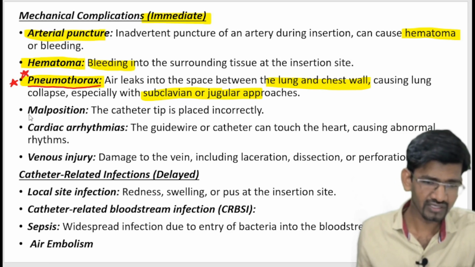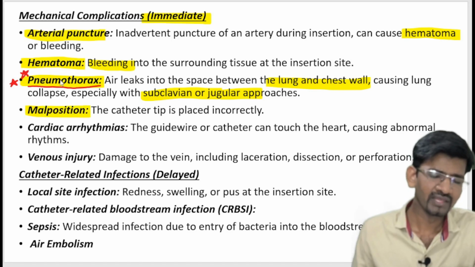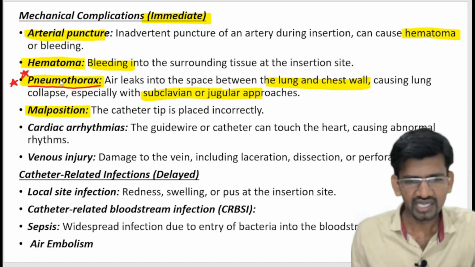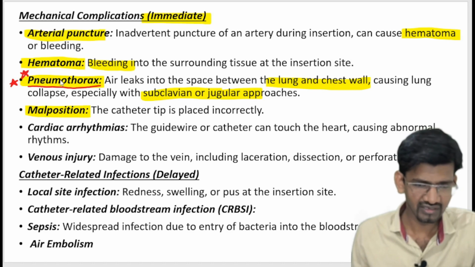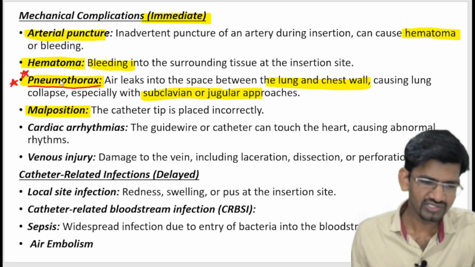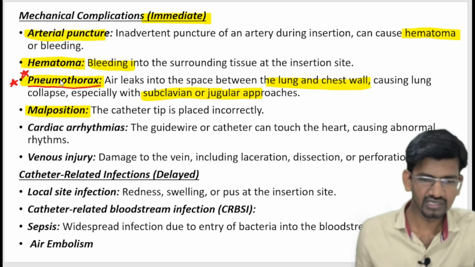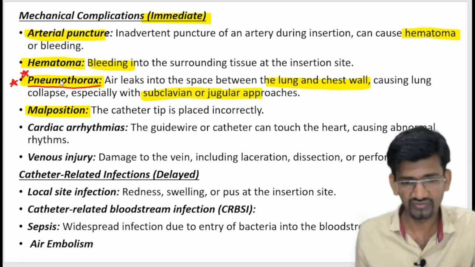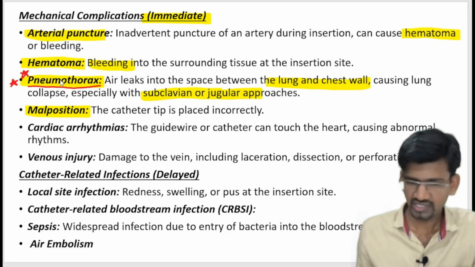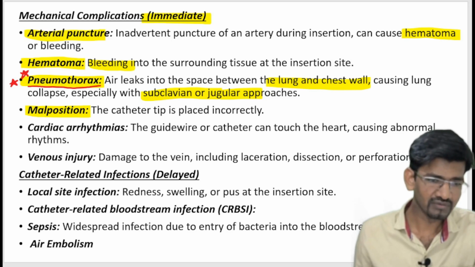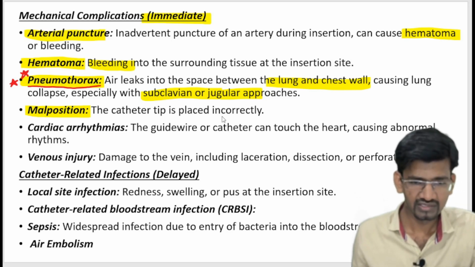Then another complication is malposition. Sometimes the tip may be placed in an inappropriate place. So what is the proper position for the catheter tip? Here we have two catheter tip positions.